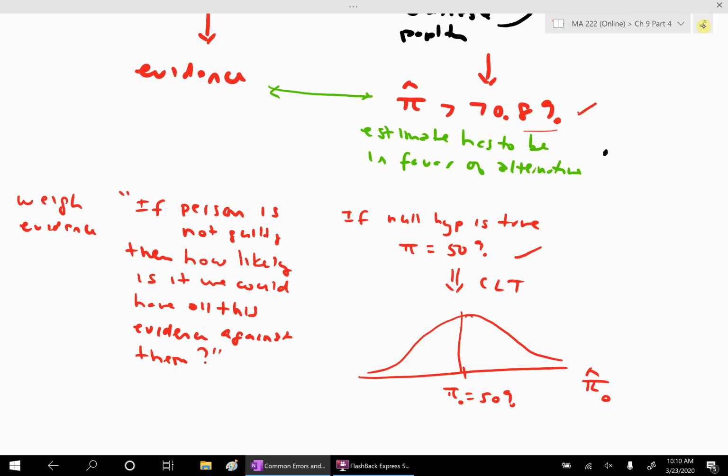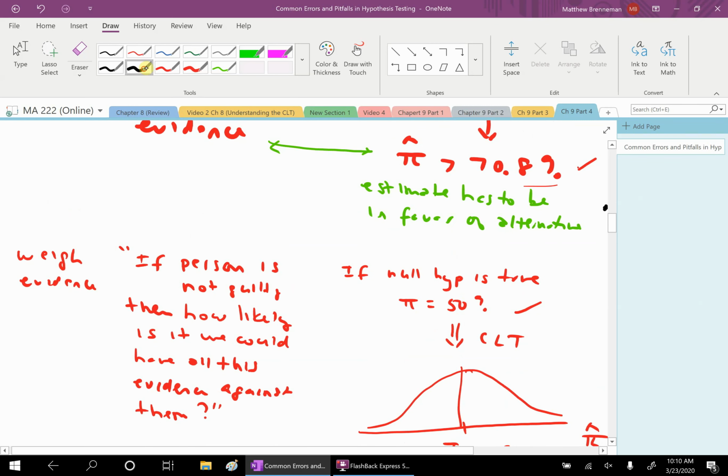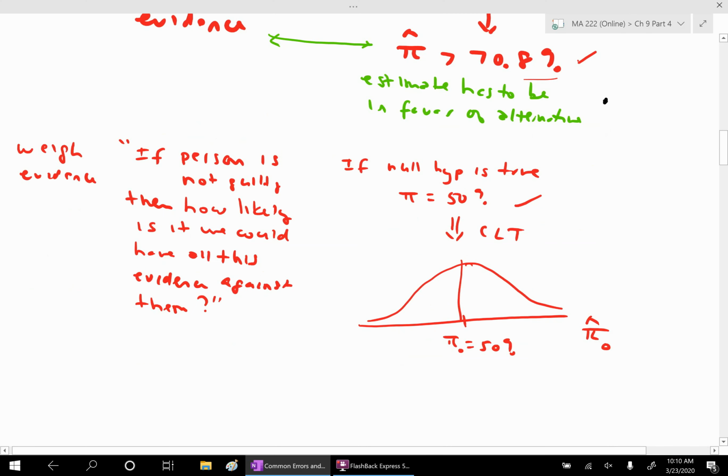And so what we did in our male rat empathy experiment was we looked at our evidence. Our evidence here is 70.8%. And we asked, if the null hypothesis is true, then how likely is it that we could get this evidence, this sample estimate?